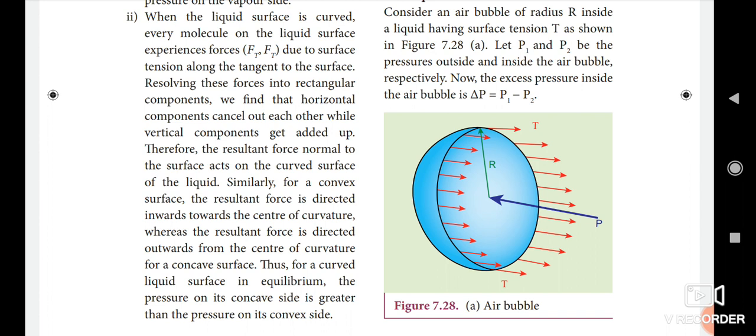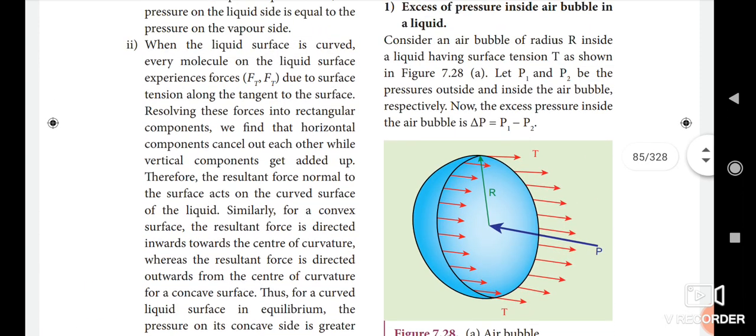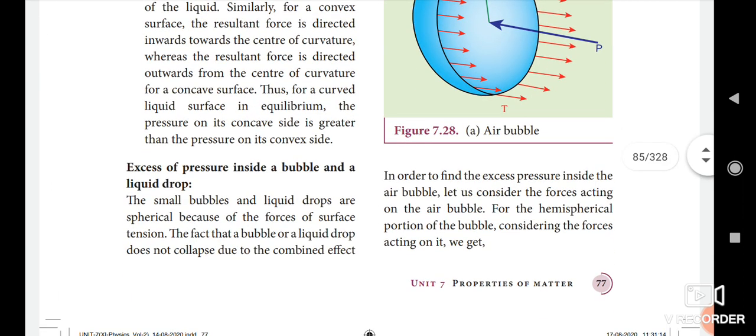Excess pressure is the difference between the inside pressure and the outside pressure. Consider one air bubble that has the radius r and the surface tension T, and it has two pressures, the outside pressure and the inside pressure. So the excess pressure is denoted as del P, which is equal to P1 minus P2.